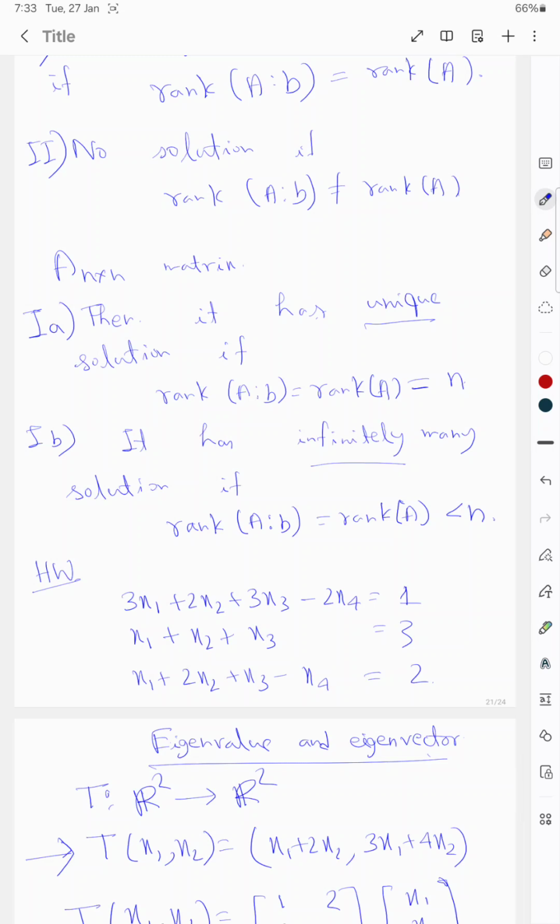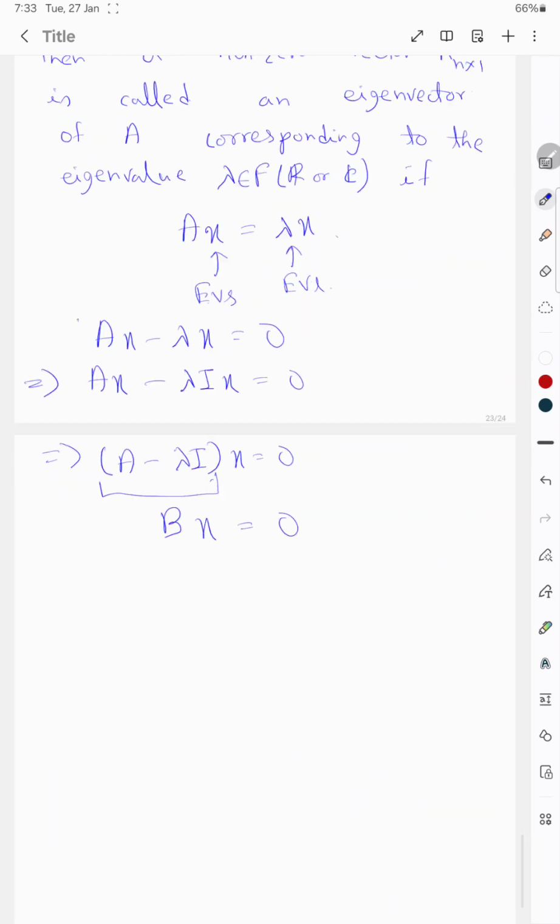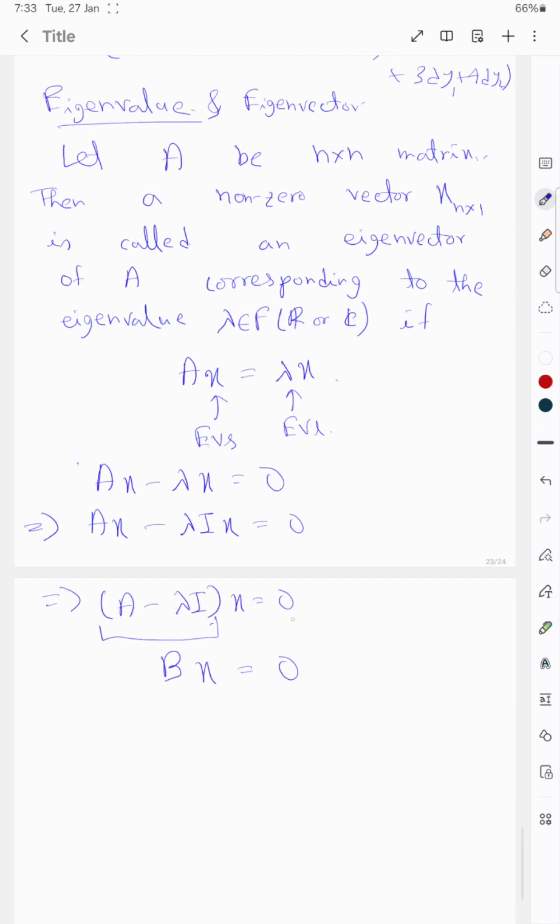Infinitely many solutions occur when rank of the augmented matrix equals rank of A, and here the right-hand side is 0, so it plays no role. The rank should be less than n, meaning it does not have full rank.